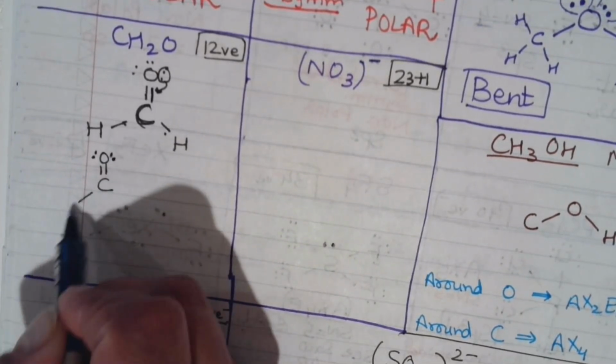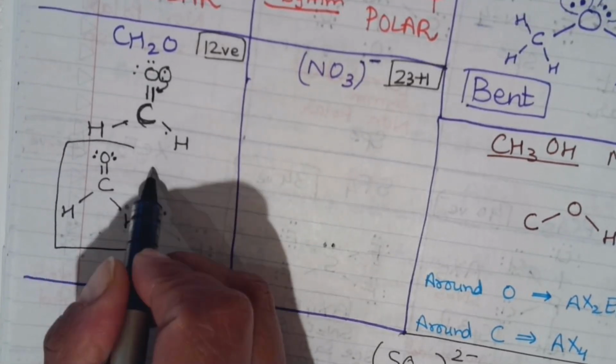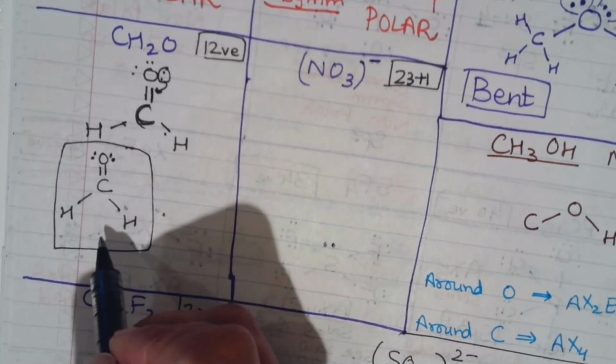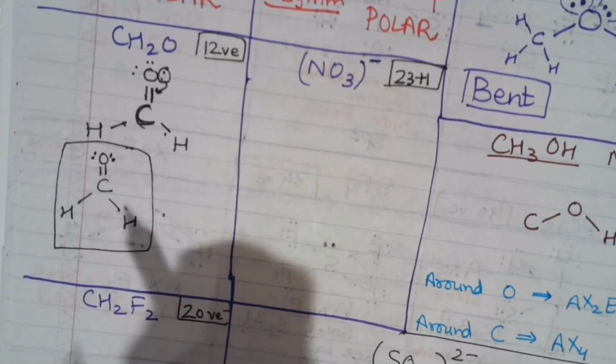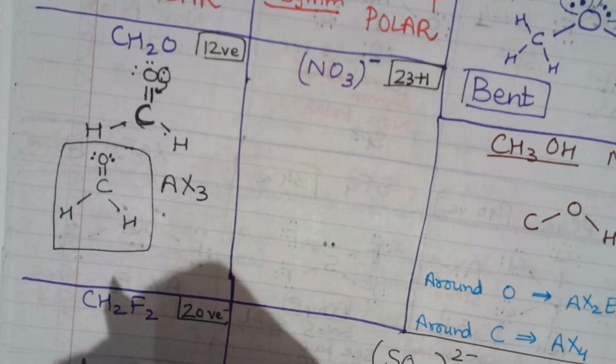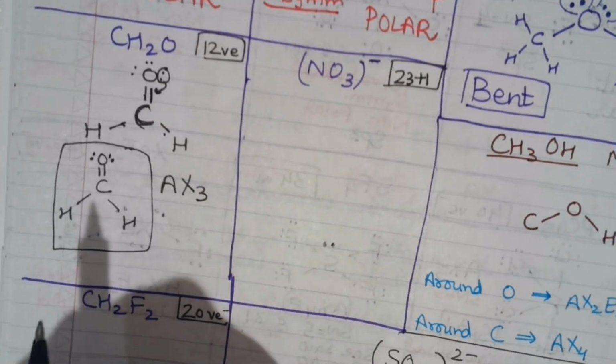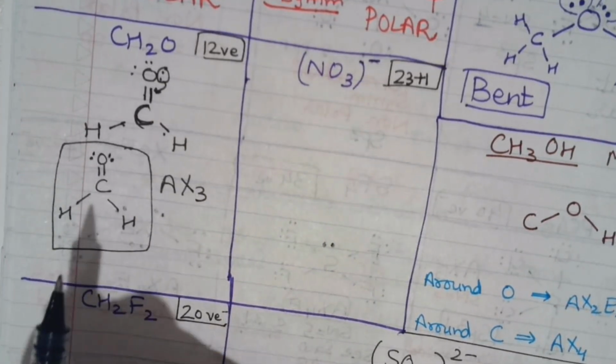Oxygen has 2 lone pairs, and carbon has completed its octet by making a double bond with the oxygen, right? So the AXE formula is still AX3. Now, whether the molecule is polar or non-polar is what we have to see.